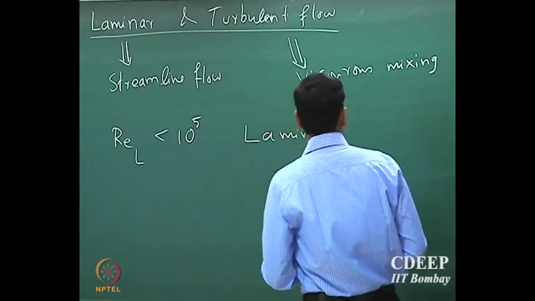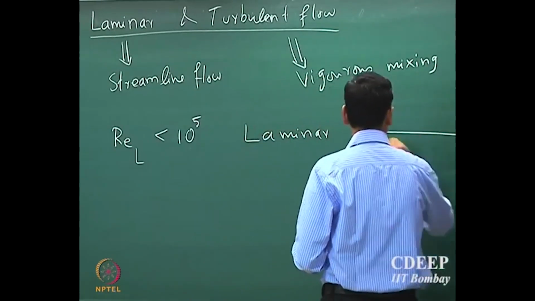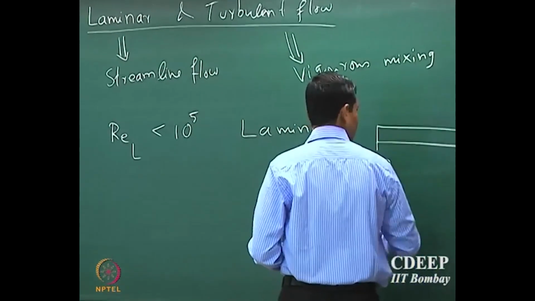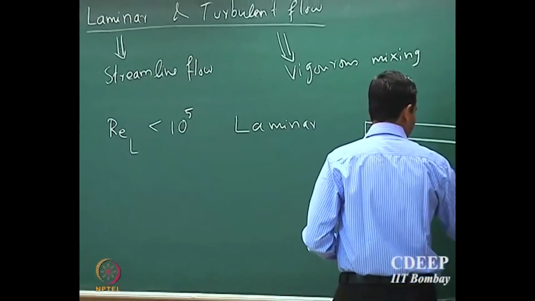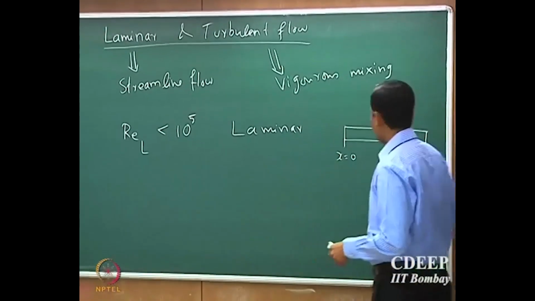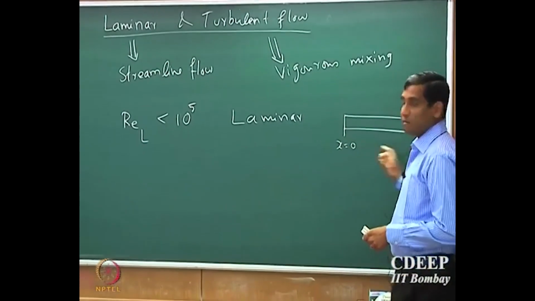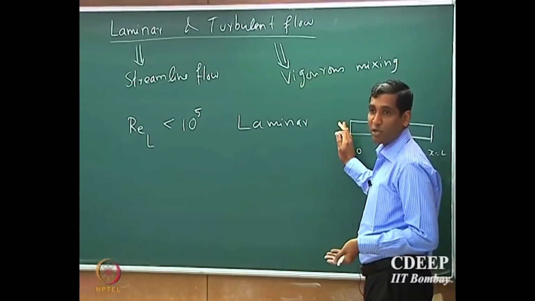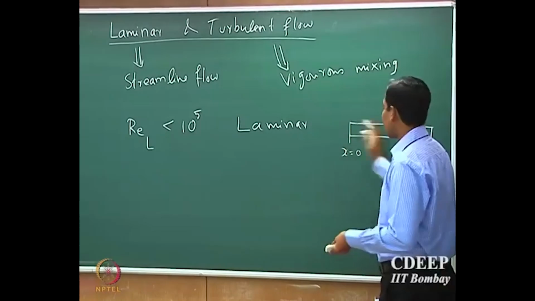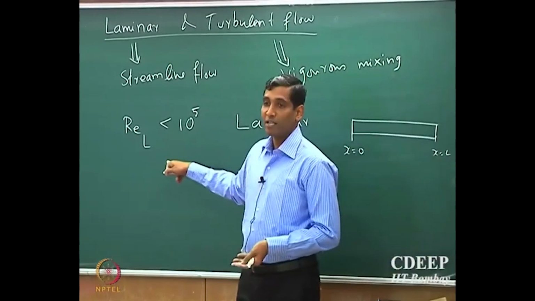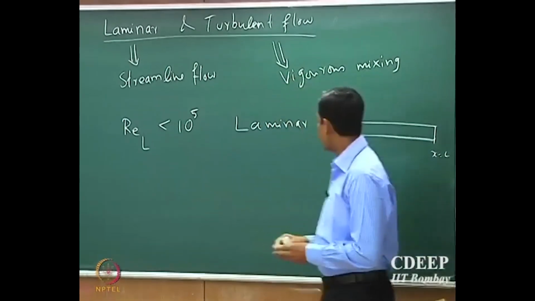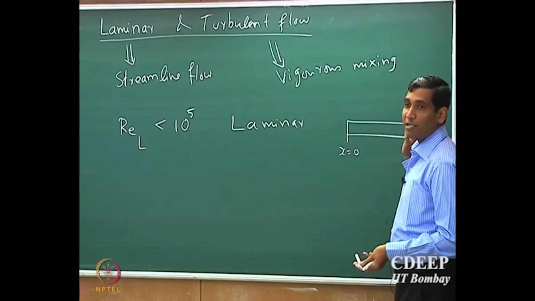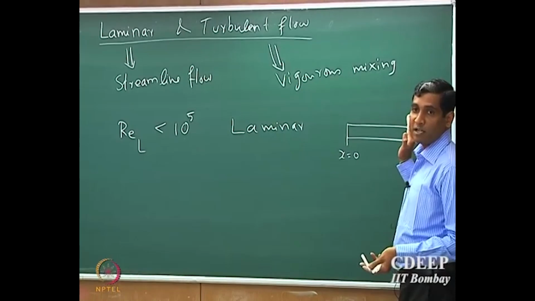So if you have a plate here, this is x equal to 0 and this is x equal to some L. The distance of the location from the starting point, x equal to 0, of the plate is the length scale that you should use for defining the Reynolds number. That tells you at which location along this plate the flow is laminar and at which location it is turbulent.